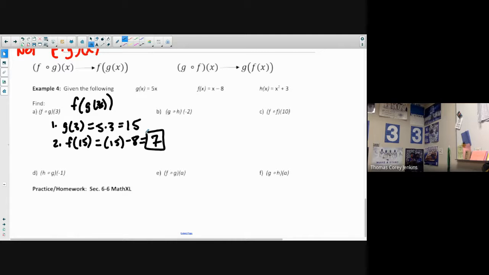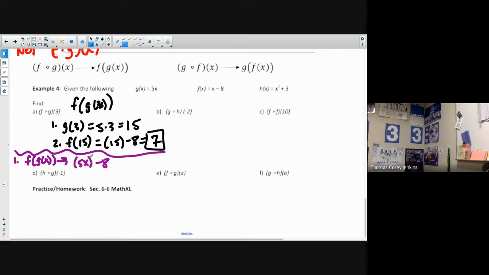Another approach, if this makes more sense, would be like this. What you could do first is find f of g of x. So step 1 could have been to find f of g of x, which would look like this. We'd take our rule for f of x and sub in our rule for g of x, which would look like 5x, take away 8.